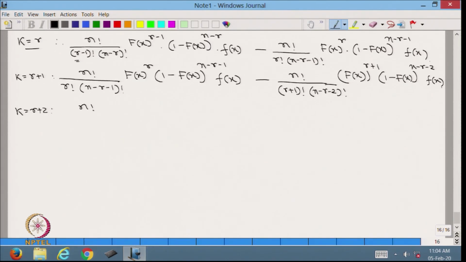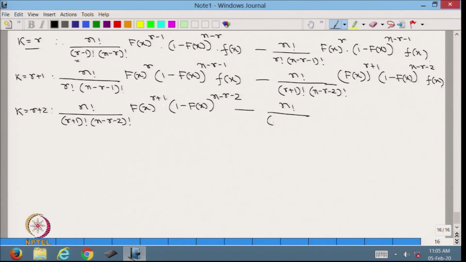Therefore, this is going to be n factorial upon (r plus 1) factorial (n minus r minus 2) factorial F(x)^(r plus 1)(1 minus F(x))^(n minus r minus 2) f(x), minus n factorial upon (r plus 2) factorial (n minus r minus 3) factorial F(x)^(r plus 2)(1 minus F(x))^(n minus r minus 3) f(x).